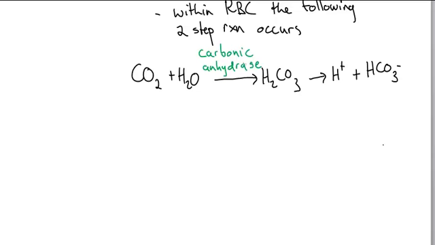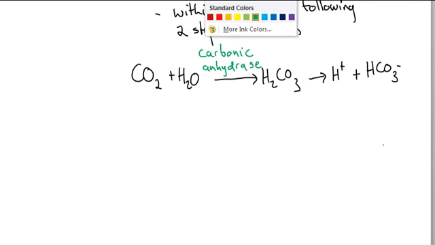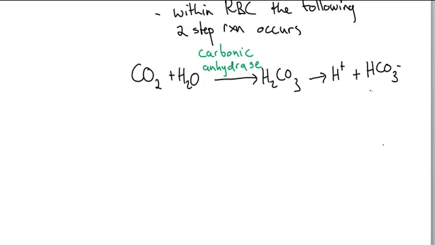And we'll talk a little bit more about how these reactions occur, but the important thing here to note, just for this section, is that if you have lots of CO2, you're going to actually end up producing your bicarbonate ion.